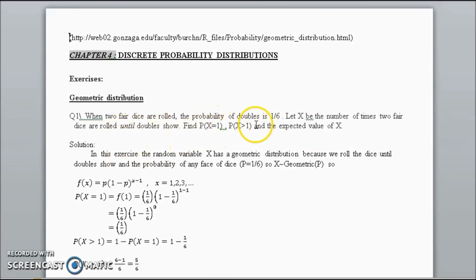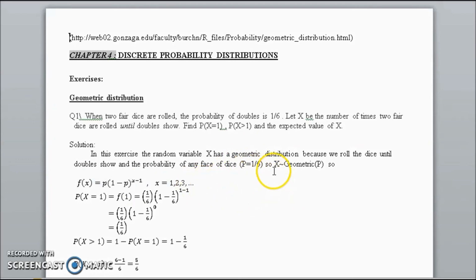Then the function f(x) equals p times (1 minus p) to the power of x minus 1, because we repeat the experiment until the first doubles show. Then p equals 1 over 6.